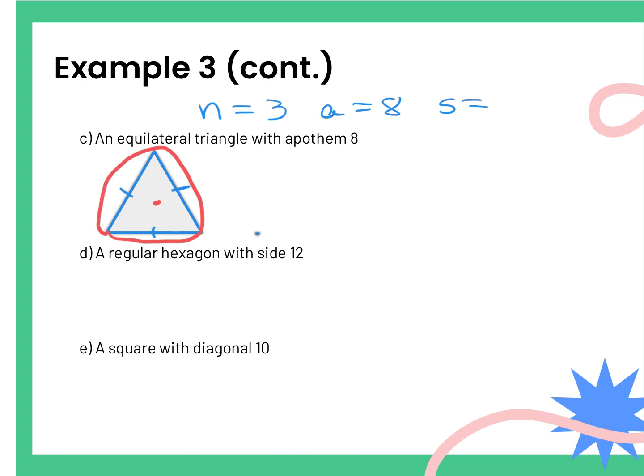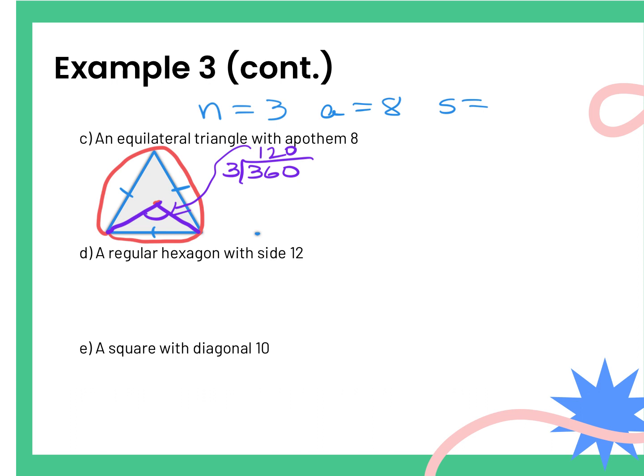So here is my circle. And again, we could draw in the radius lengths because they form the central angle. I need to find the measure of this central angle by taking 360, dividing it by the number of sides, and I get 120. So 120 is the measure of this central angle.